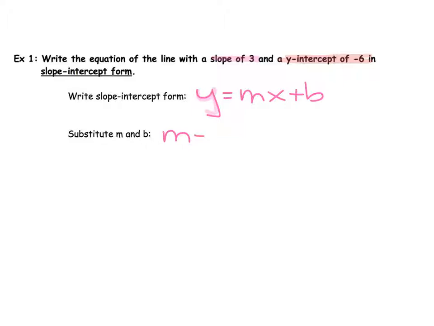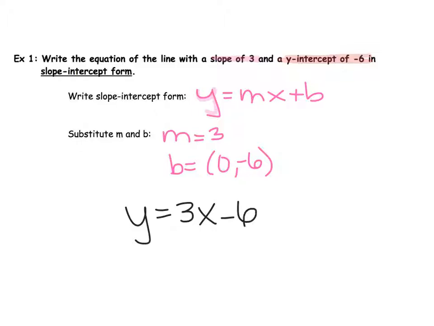Well, our m here is 3, because slope is m, and b here is negative 6. So writing our equation in slope-intercept form would look like y is equal to 3x minus 6.